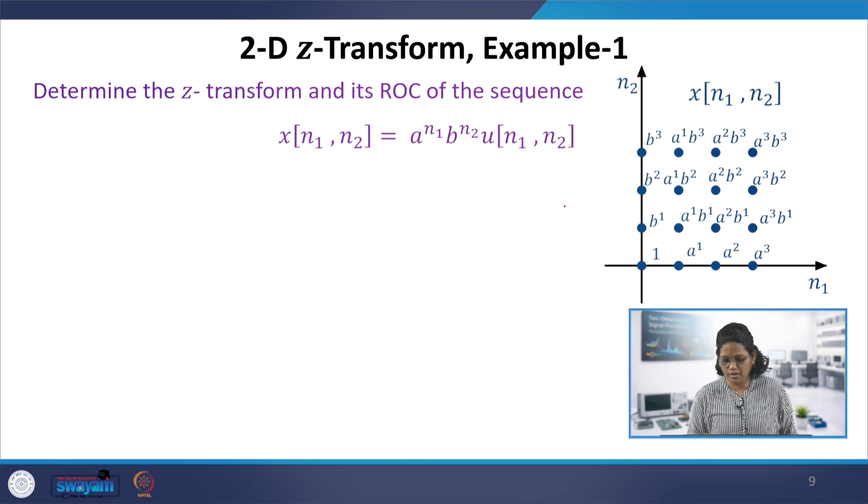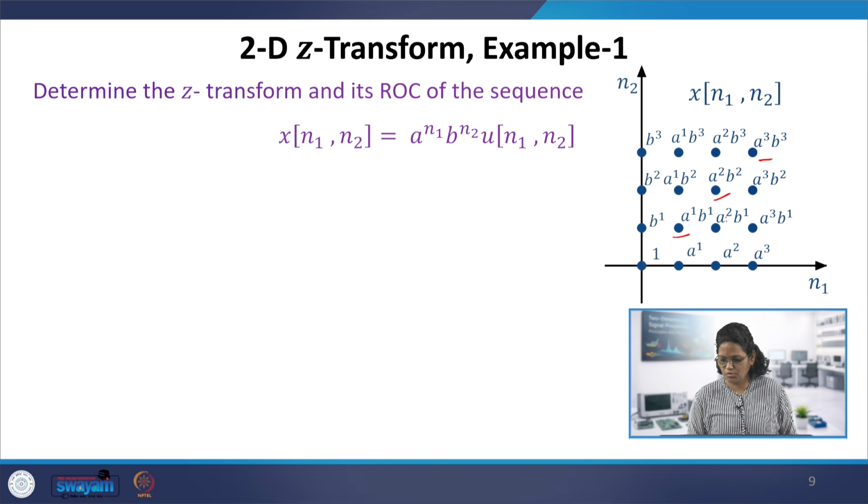Varying n1 keeping n2 at 0 results in a, a square, a cube, and varying n2 keeping n1 at 0 gives b, b square, b cube and so on. And for n1 and n2 equal, these are the points we have.